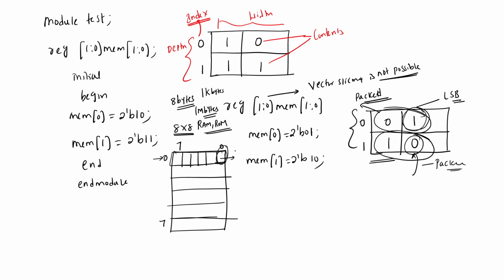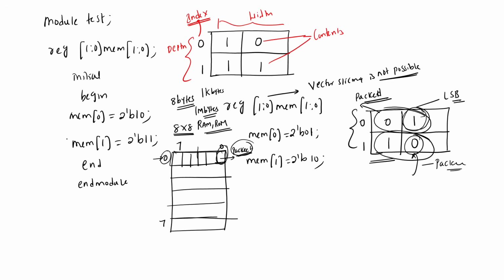These 8 bits are packed, so we can't access them individually. Vector slicing is not possible for arrays like memory. Practically, the processor can only access 8 bits of data depending on the address location. It can't access just 3 bits of data from here.